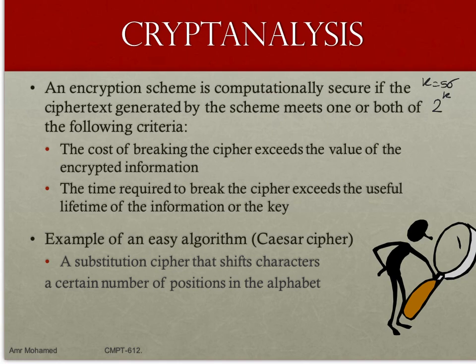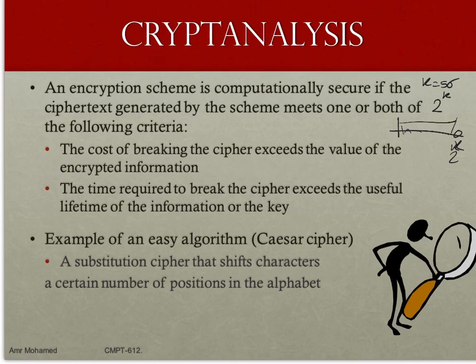Why? Because you assume that you have uniform distribution, so you have different values of the key, which is like 2 to the power k values, okay? And the probability of having any of these values is the same, okay?